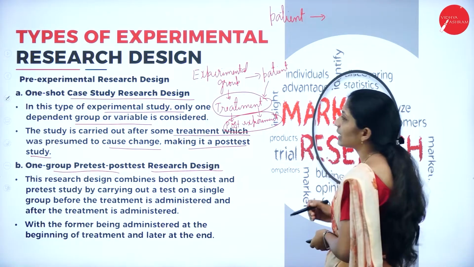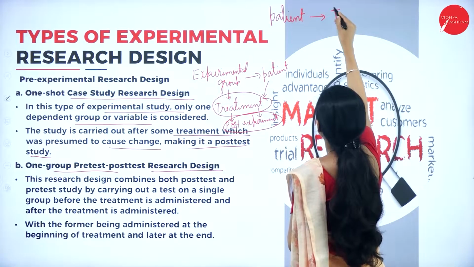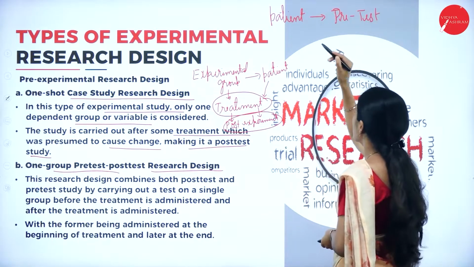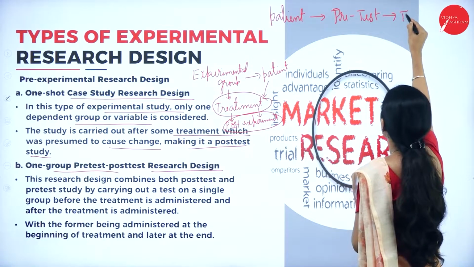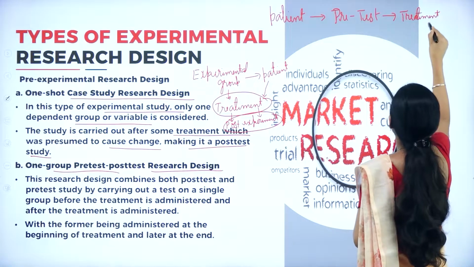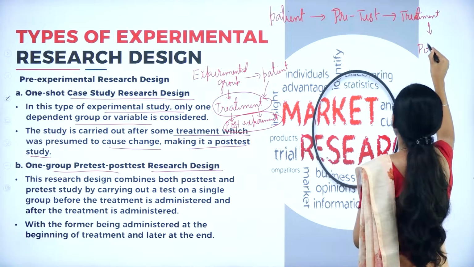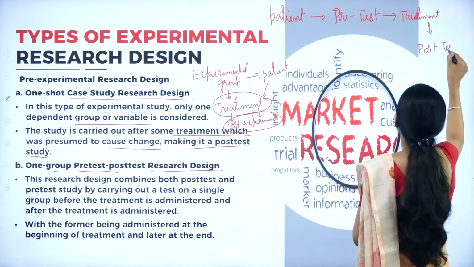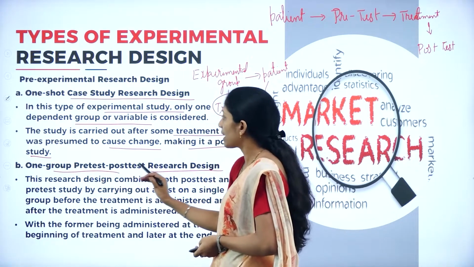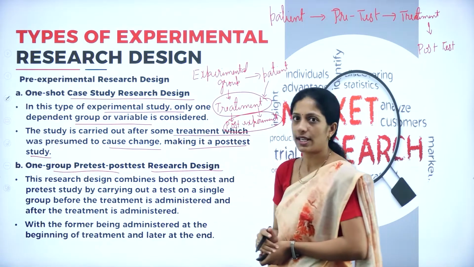Now he is having the pain. So we are checking. First we will pre-test him. Next we will give the treatment. Again, after giving the treatment, we will post-test. So this is known as what? One group pre-test, post-test research design.